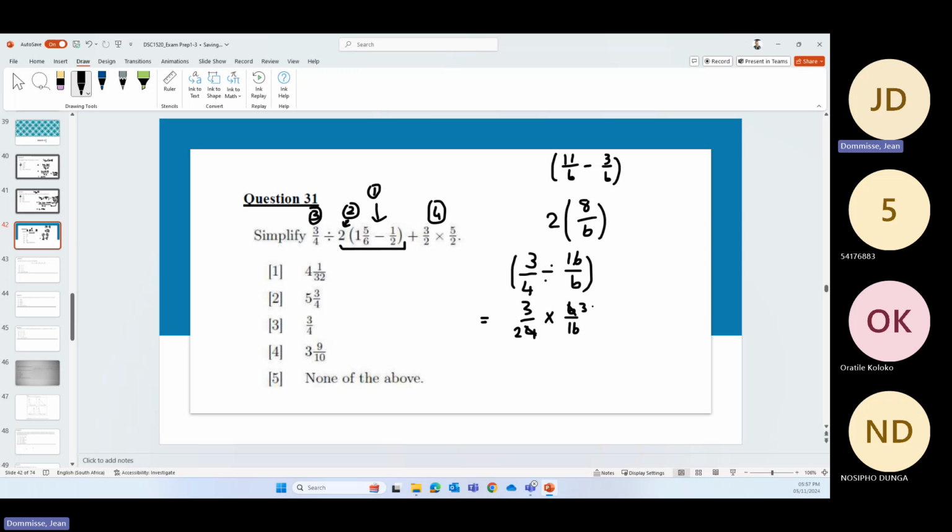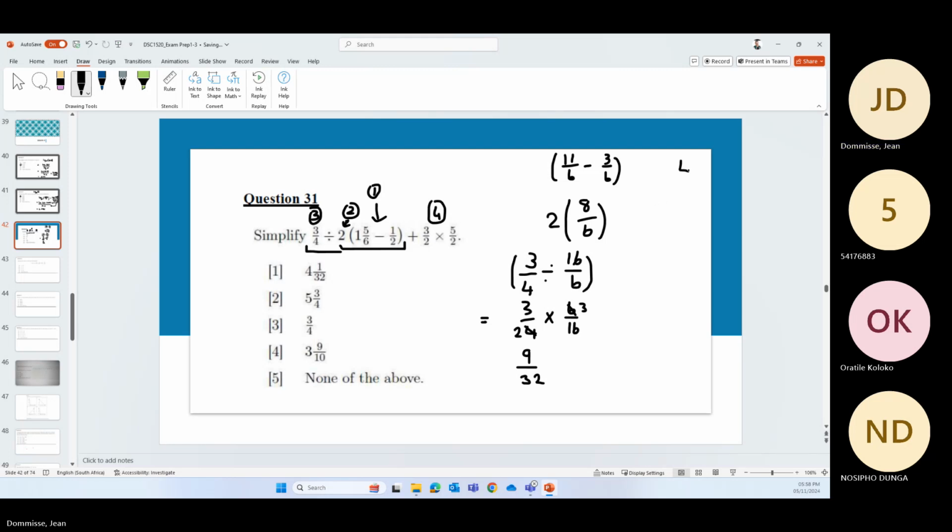So 3 times 3 is 9. 2 times 16 is 32. Okay, we've now sorted out steps 1, 2, and 3, and that is what we got, 9/32. So the last one that we need to look at is that option 4.